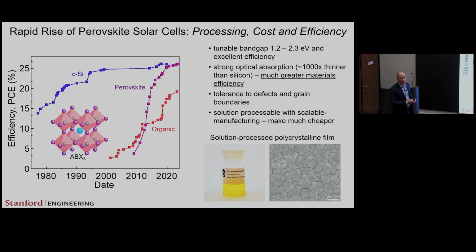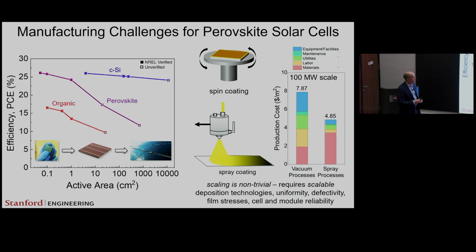You can make them 1,000 times thinner than silicon, so there's much less use of materials. They have an excellent but tunable band gap depending on composition, good efficiencies, and a large tolerance to defects and impurities, and grain boundaries, which is not something you typically see in silicon solar production. Plus, as I mentioned before, they're potentially easy to make with solution processing.